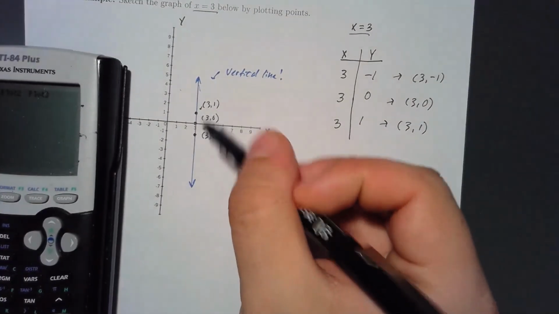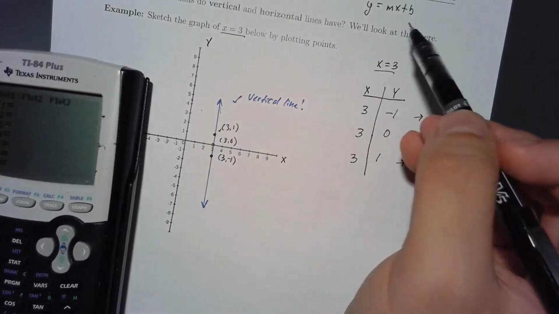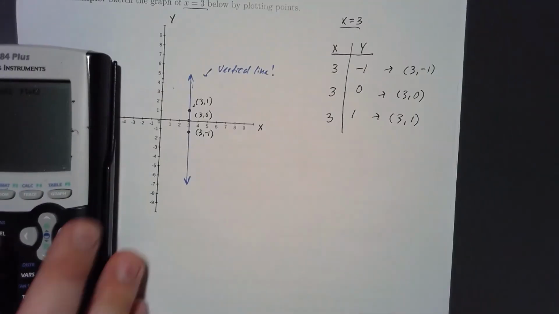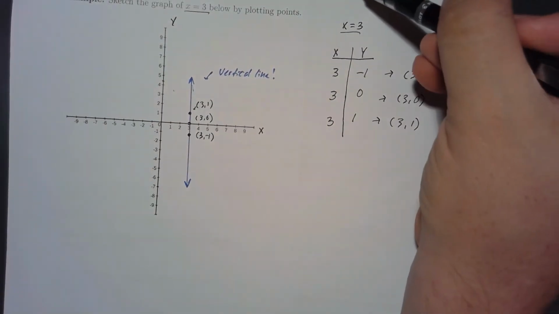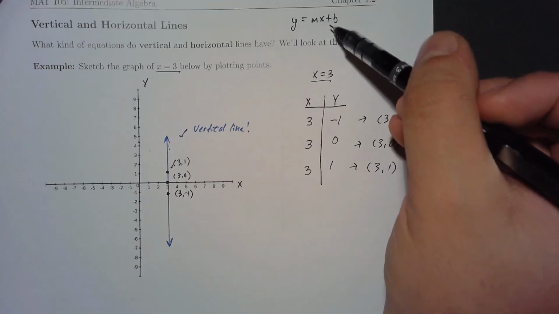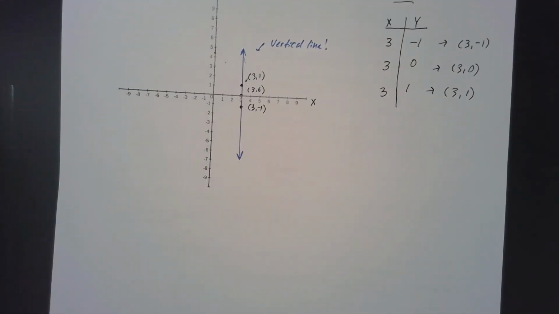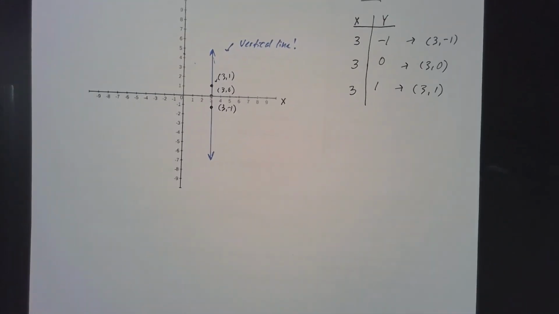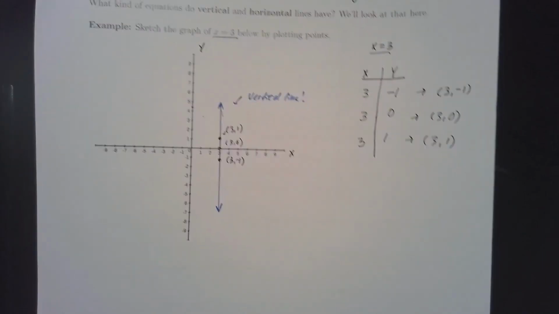Unfortunately, I can't draw it in my calculator because I can't get this into y equals mx plus b form, because it's a vertical line. You'll see later that vertical lines have an undefined slope. That's why we can't graph it in my calculator. But this is a line. So that's what a vertical line looks like.